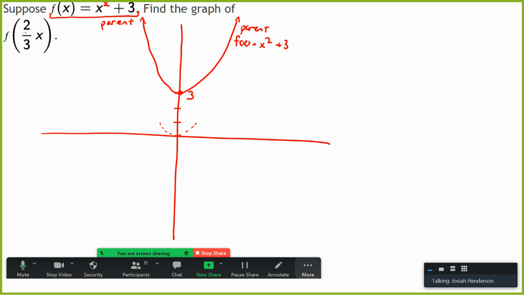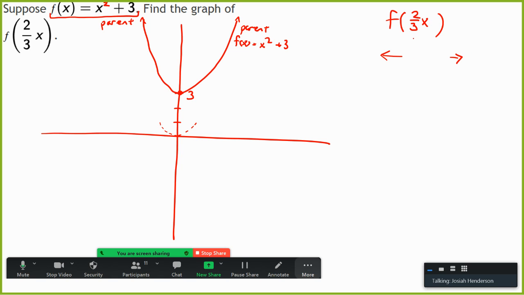Now we've got to do the transformation that they gave us at the end. So it is f of 2/3 x. Remember, inside the parentheses means horizontal and opposite. For multiplying, the opposite is flipping the fraction, the reciprocal. So that means we're going to do horizontal.